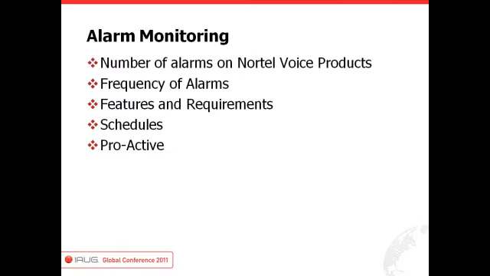The first thing we talked about when we talked about alarm monitoring is you need to know the number of alarms on the Nortel as well as on the Avaya platform, the frequency of the alarms, how often they're produced, as well as the features and requirements that you would need in order to manage these alarms. We talk about scheduling and also the proactive part of the monitoring.